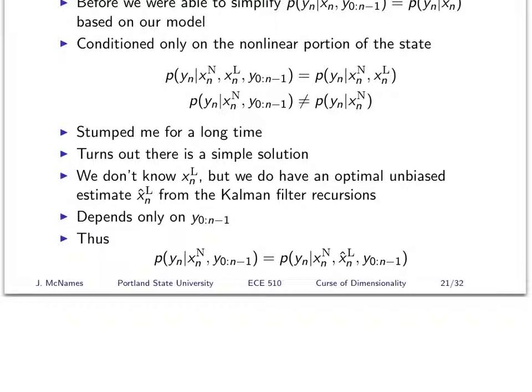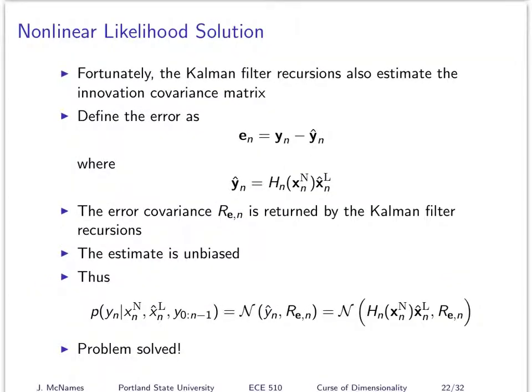So if this probability is conditioned on x of n and y of 0 to n minus 1, I could also condition that on y of n, the nonlinear portion of the state, and the past observations, because this can be calculated from those two. I haven't really changed anything here. This is a function of those two things. And it turns out that this is something that we know is part of the Kalman filter recursions.